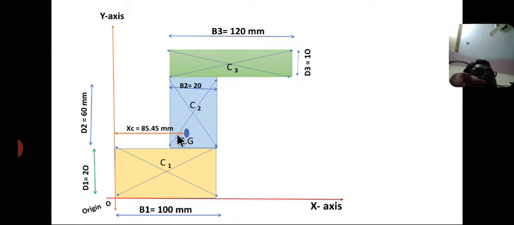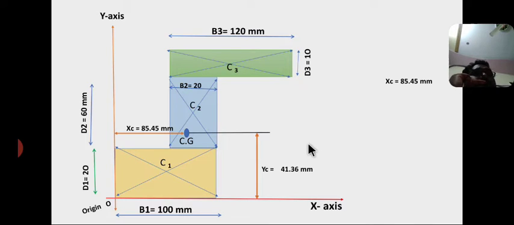This is the centroid of the Z section, and xc equal to 85.45 mm from the y-axis, and yc equal to 41.36 mm from the x-axis. So this is the final position of the centroid, and the answers are x equal to 85.45 mm, y equal to 41.36 mm. So this is the final position of the centroid of the Z section.